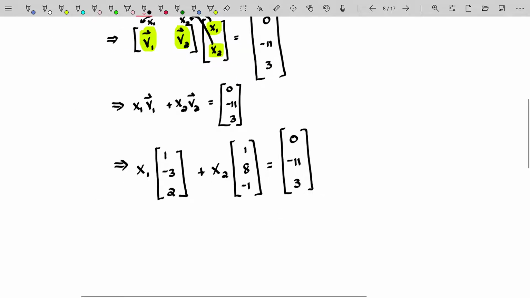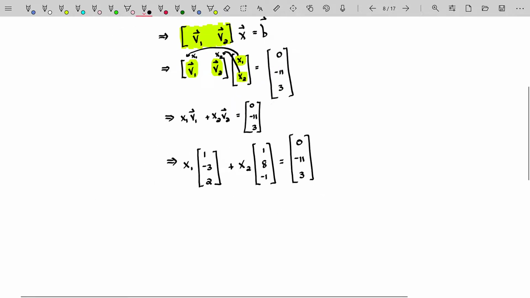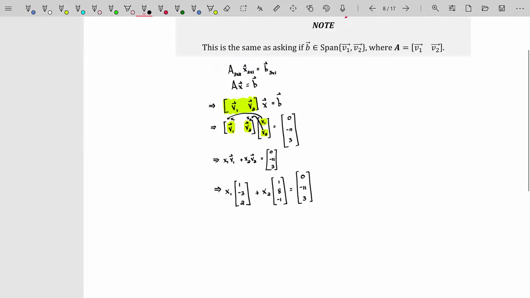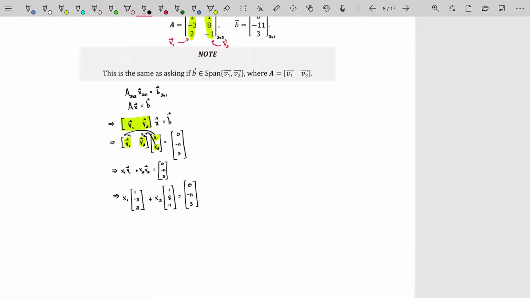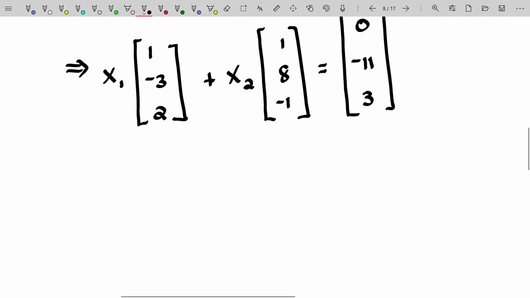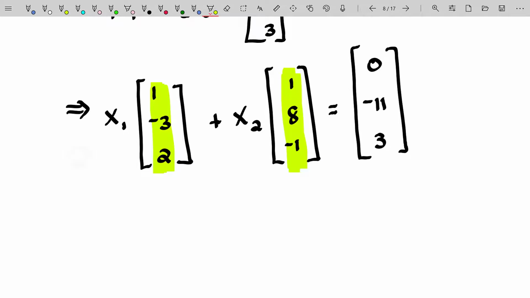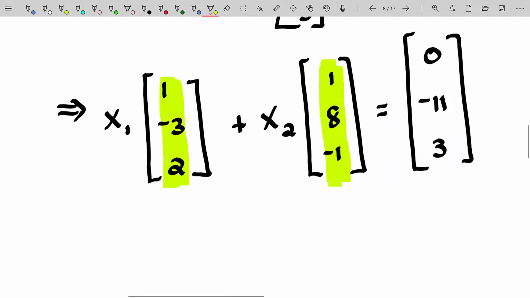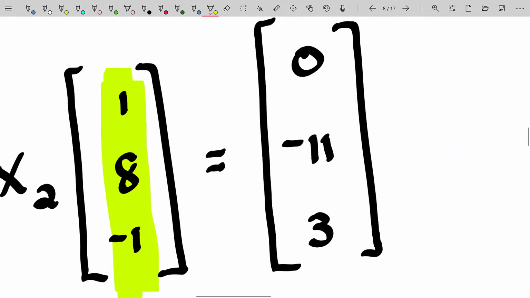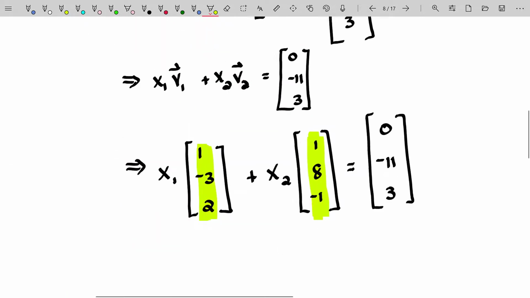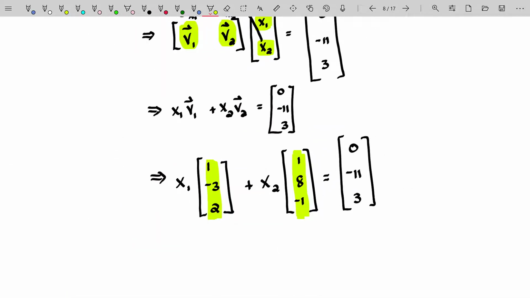This allows us, first of all, to rewrite this as a system of equations. But before I do that, I'm going to mention something about that note. Notice we have a linear combination of these 2 column vectors, which are the 2 columns in the matrix A. So we're saying there must be a linear combination of those 2 column vectors that will turn into the vector B, which means B is a linear combination of those 2 column vectors.